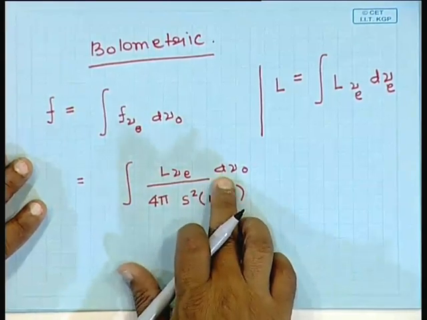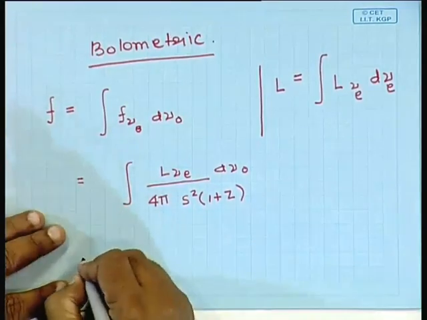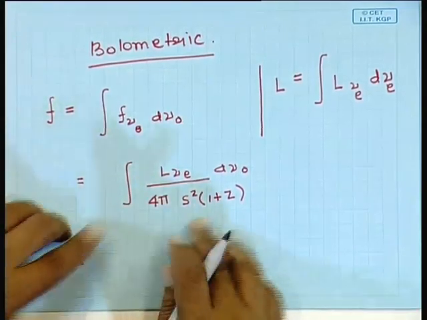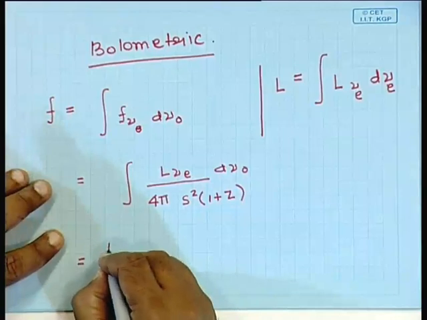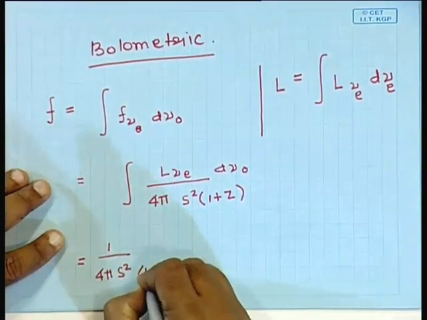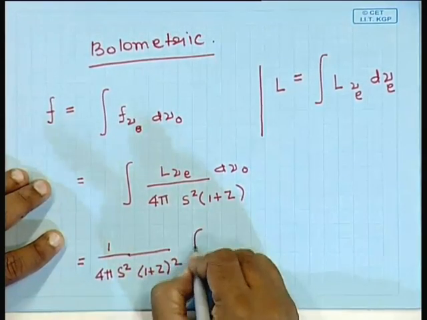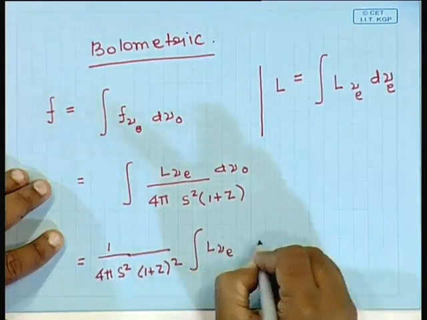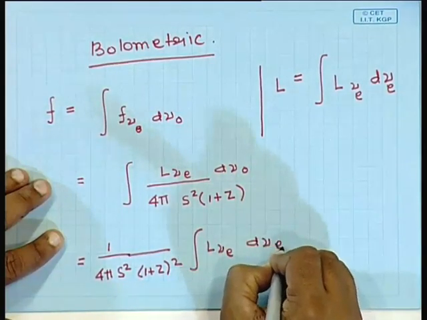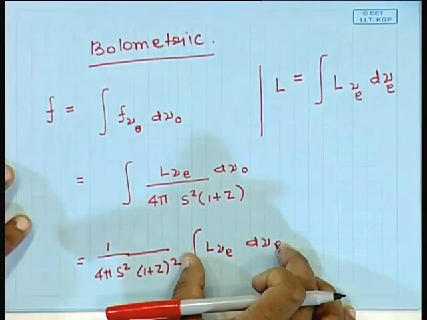We have already worked out how the observed frequency and the emitted frequency are related. So, this is equal to, taking all these constant factors outside, 1 by 4 pi S square (1 plus z) whole square, integral of L nu emitted d nu emitted. And this is the total bolometric luminosity.